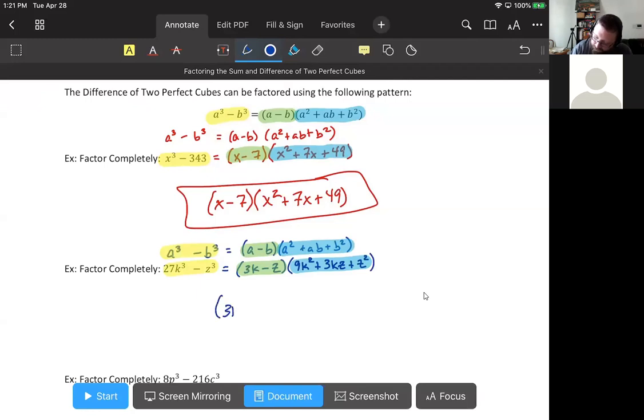So that would be our final answer, 3k minus z times 9k squared plus 3kz plus z squared.